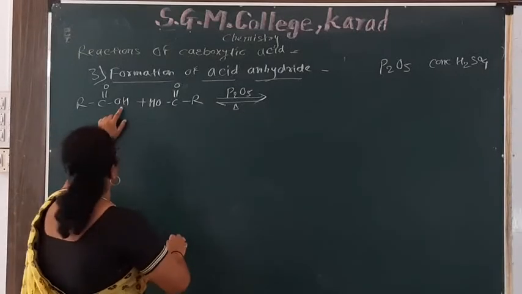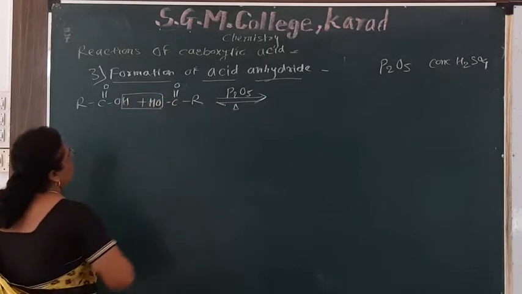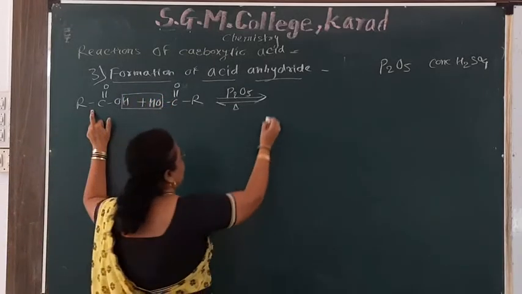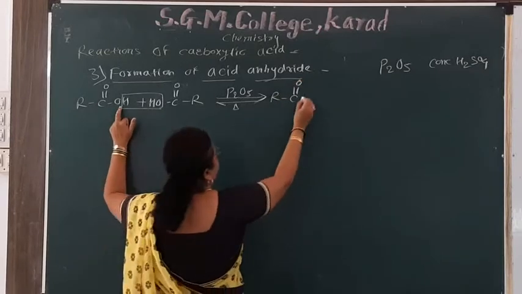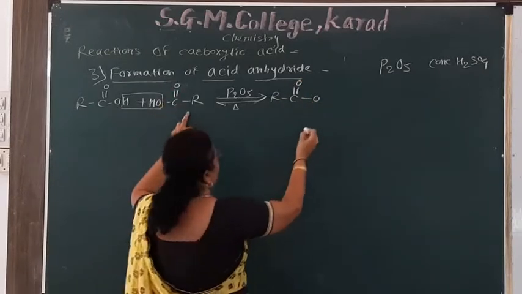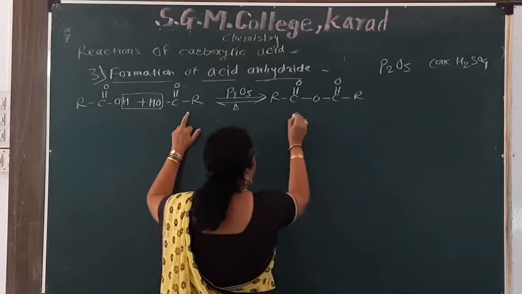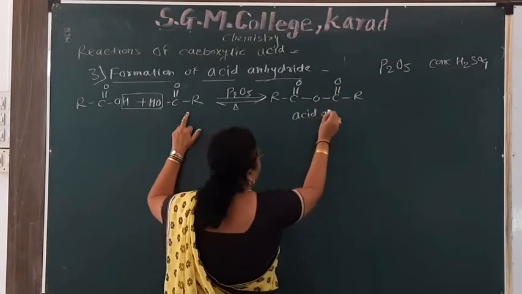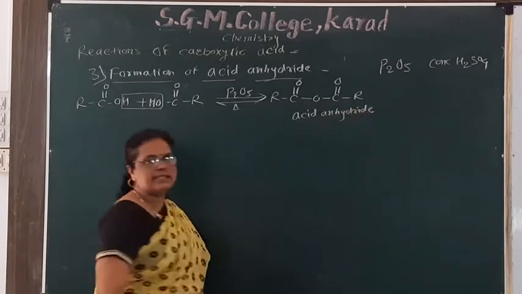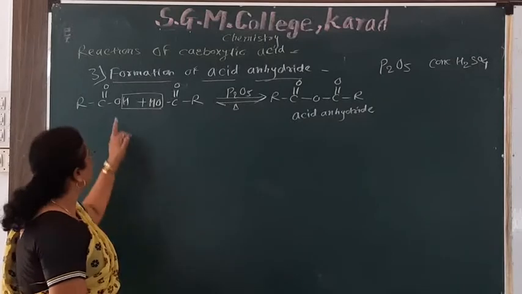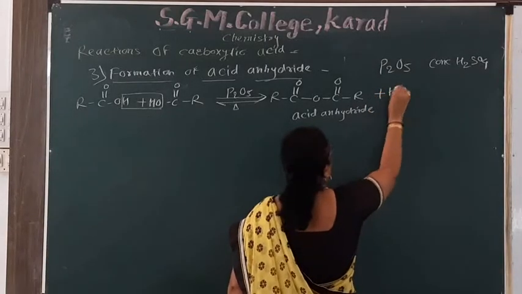That is, this H and this OH is removed and we get RCO-O-COR. This is known as acid anhydride plus water molecule H2O.